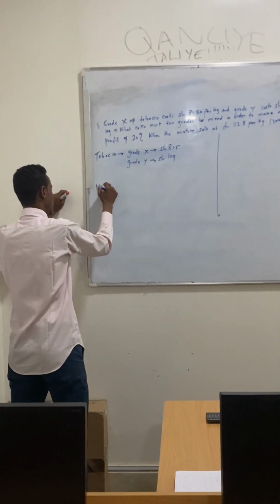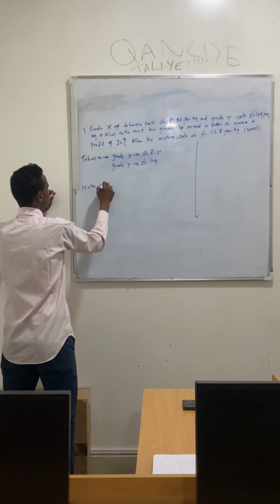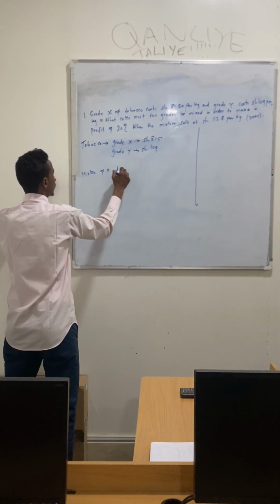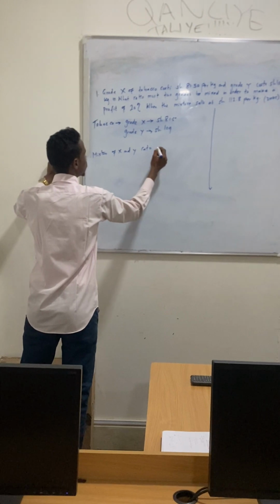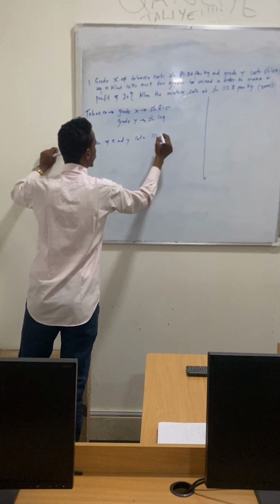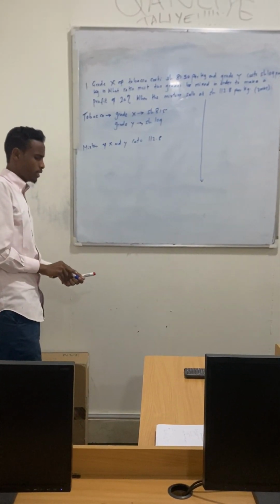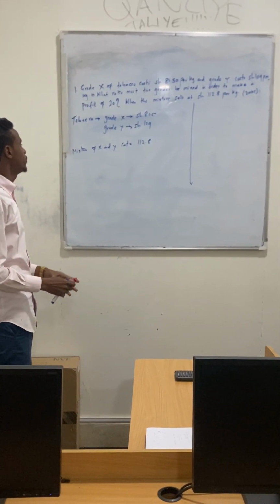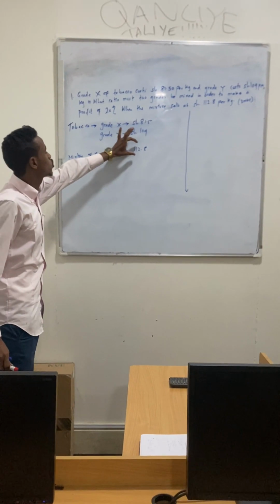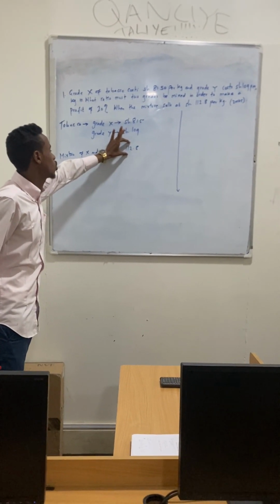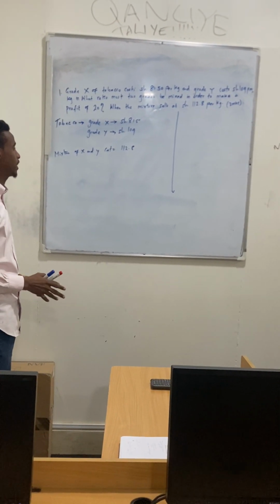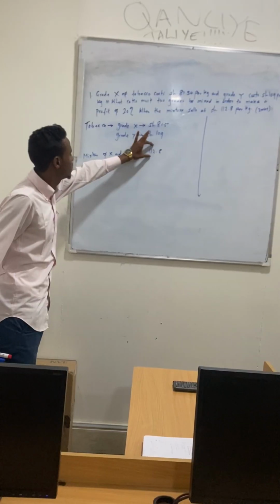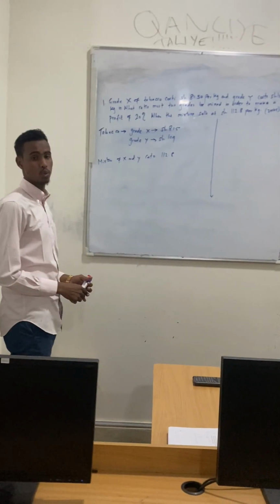The mixture of X and Y costs 112.8. Now, what does that mean? When these two grades were mixed at a certain ratio, this man sold them at 112.8 shillings per kg. When he sold at this amount, he made a profit of 20%.